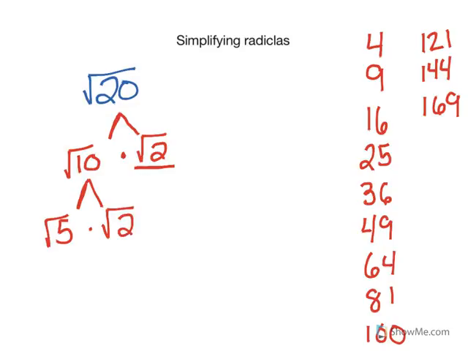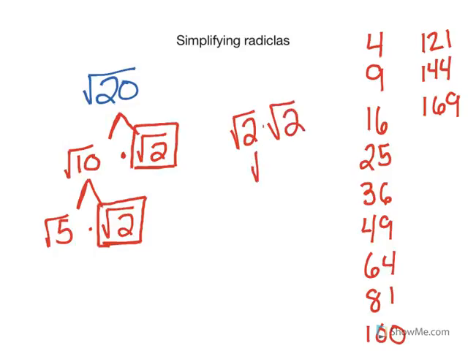Okay, so how we turn this into our result is we look for pairs. So here is a pair, radical 2 and radical 2. When we multiply radical 2 times radical 2, it comes out to a perfect square, which is the result of 2.